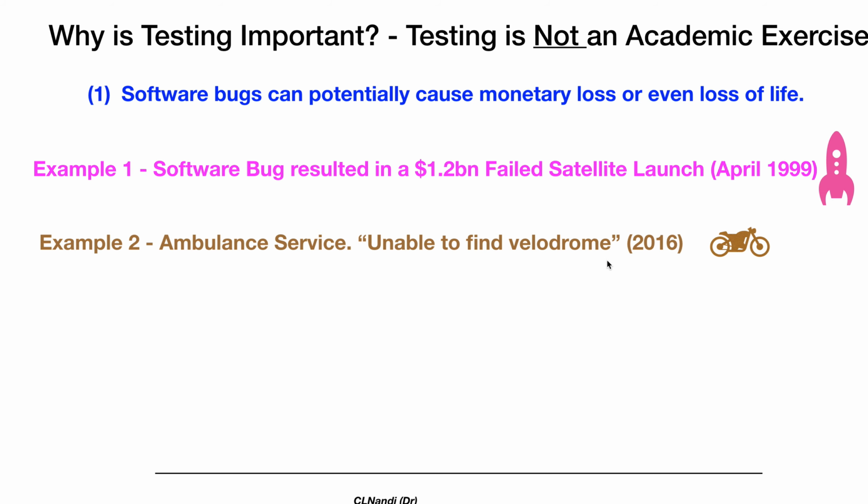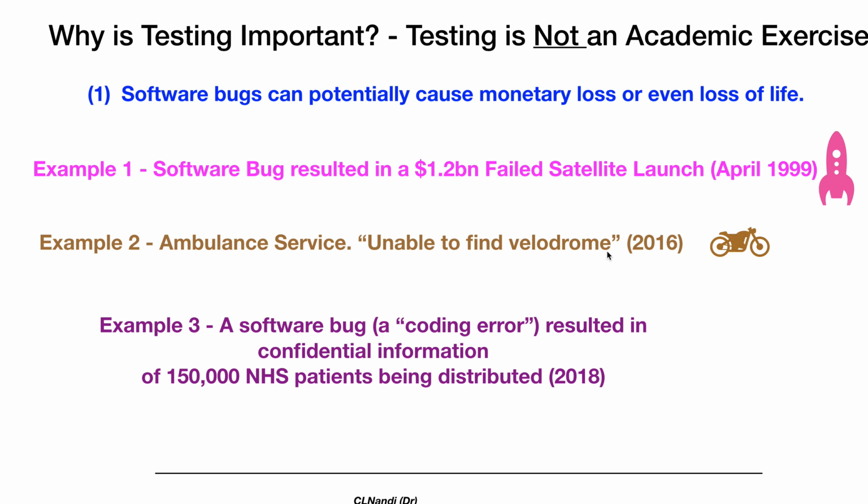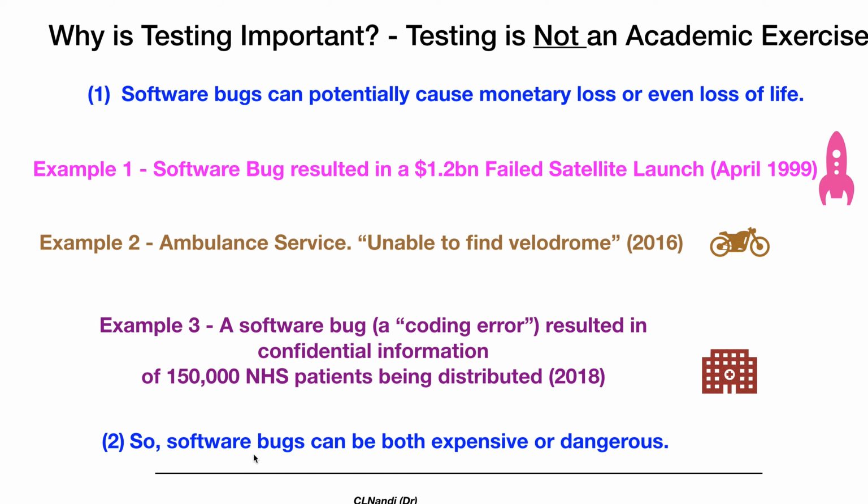And this resulted in a number of fatalities. And in 2018, a coding error or a software bug resulted in confidential information of 150,000 NHS patients being distributed. So, software bugs can be both expensive or dangerous, or both.